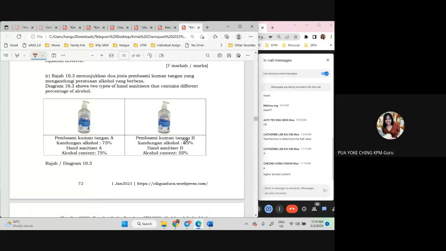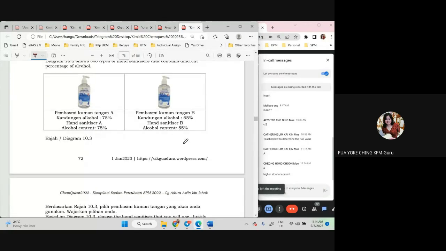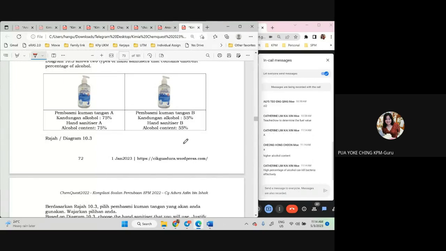Tak boleh hanya tulis higher alcohol content eh? Why higher alcohol content you should choose? Okay, when we have higher alcohol content, it will help us to kill bacteria effectively. Or you can say it can kill the bacteria carefully lah. So yang ni pun kena jaga, but kena tengok juga soalan dia.